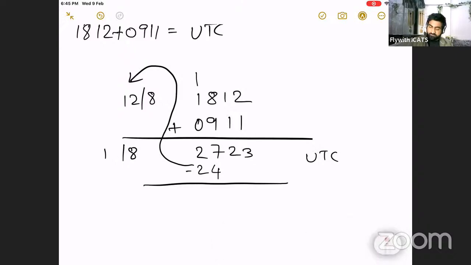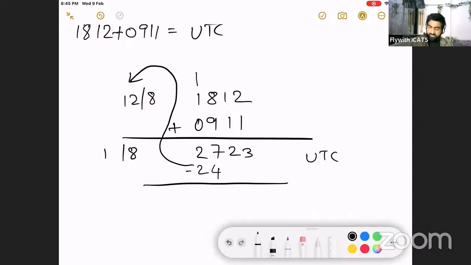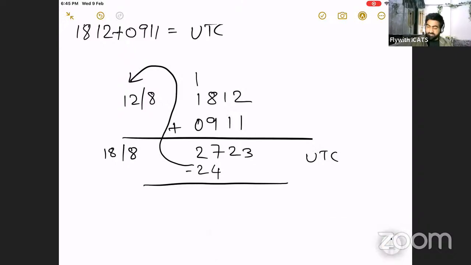Sorry. My bad again. 18th of August. Yes. So take from here and give here. Take, give. So that will be plus 1 day over here. So plus 0, 1, here your date changes.